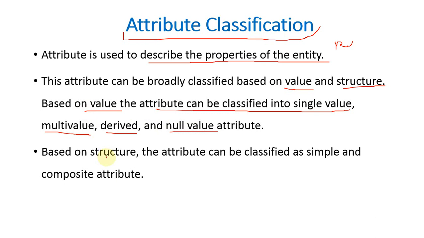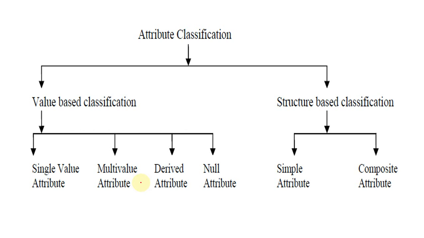Based on structure, meaning how it is created and how it is grouped: simple and composite attributes. Here there is a diagram. Attribute classification, value based and structure based. According to value based: single value, multi valued, derived, null. Here it is simple attribute and composite.